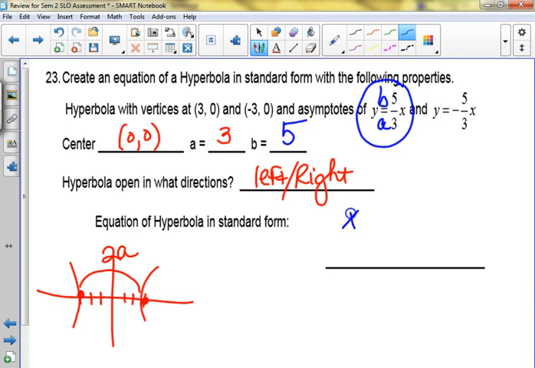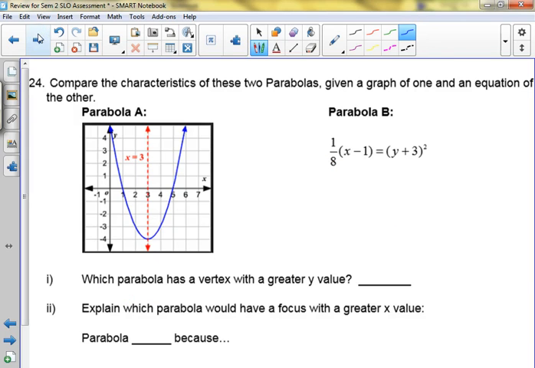Because it's sideways, and it would be x minus 0 squared minus y minus 0 squared. Since it was at 0, 0, there's nothing in there. In the x direction, we went how far? It's a 3, so it's a 9. And under here, we just said b was 5, so this is 25. Everybody good? Okay. The other packet has more practice on those kind if you need it.